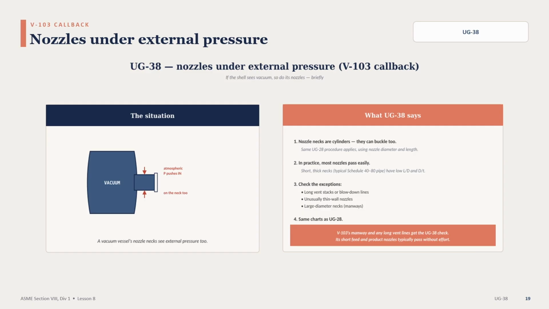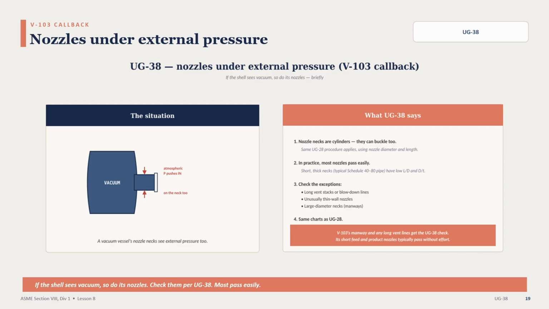Long vent stacks, blow down lines, unusually thin walled nozzles, and large diameter manways. Those are the ones that might not pass. 4. Same charts as UG-28. Figure G for factor A, figure CS2, or the appropriate material chart for factor B.